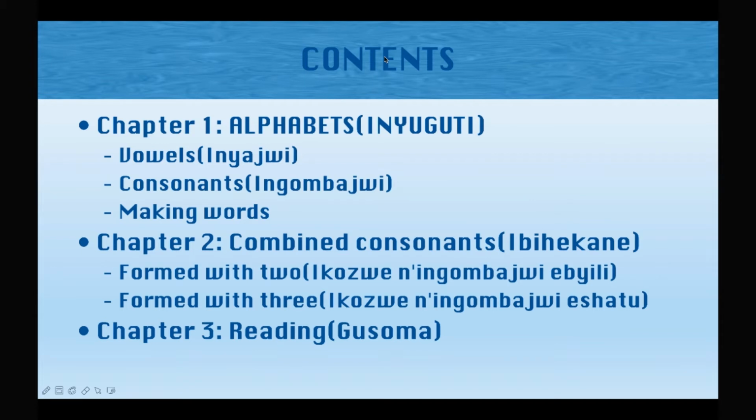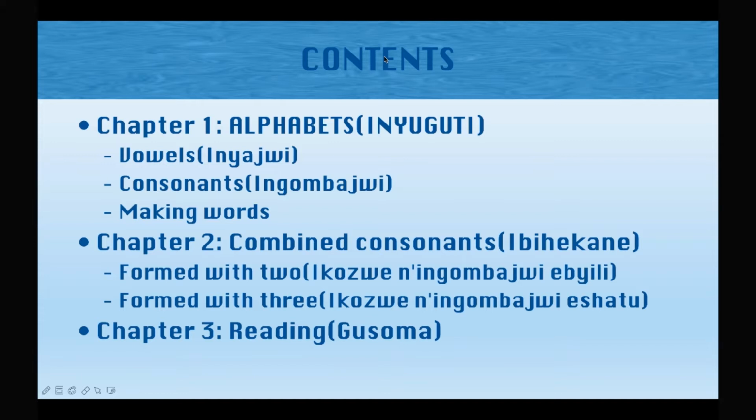What we are going to learn in this lesson is this. We are going to learn alphabets, which are called inyuguti in Kinyarwanda, vowels, inyajwi, and consonants, ingombajwi, and after that, we will be learning making words, like composing your own words. In chapter 2, we'll be learning combined consonants, called ibihekane in Kinyarwanda.